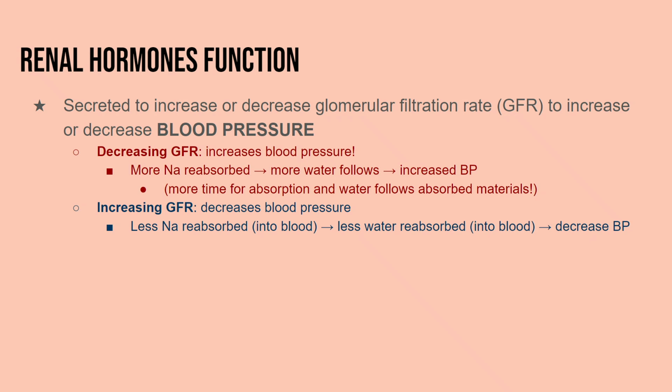If you decrease the glomerular filtration rate with a hormone, then you're increasing blood pressure. Decreasing the glomerular filtration rate allows more sodium to be reabsorbed, which water follows, which increases blood pressure. Does that make sense? Okay.